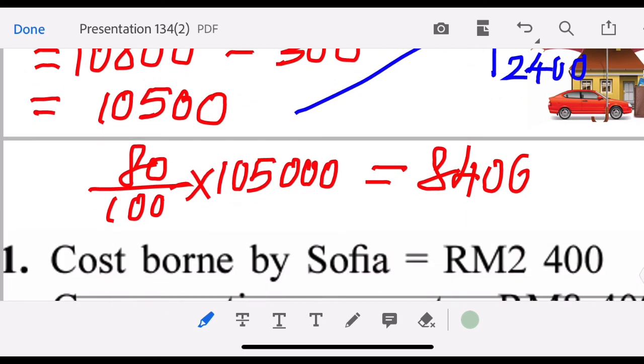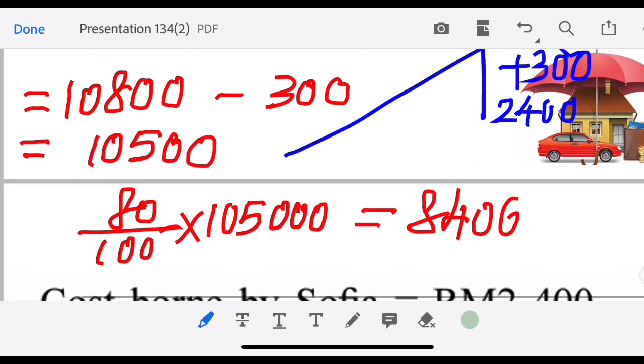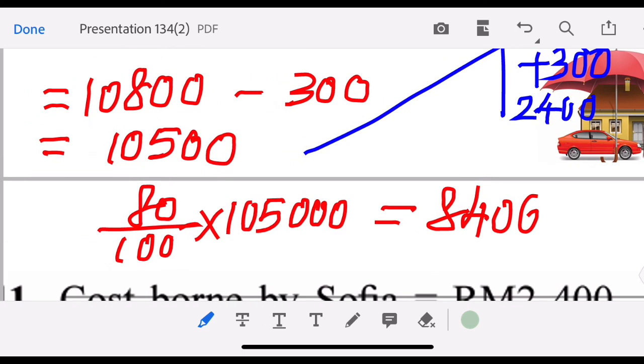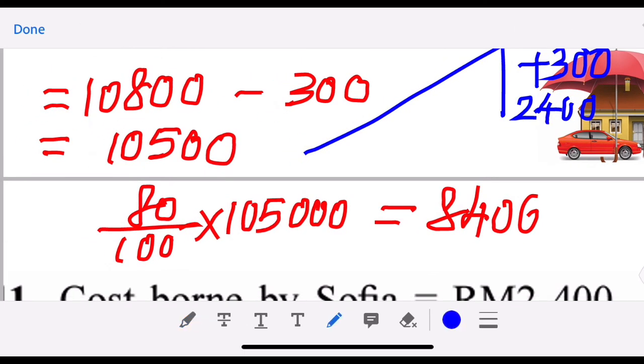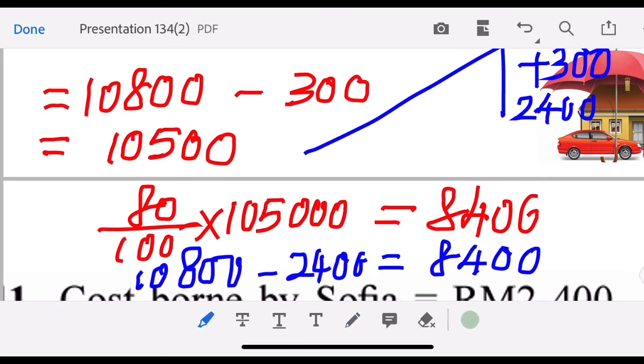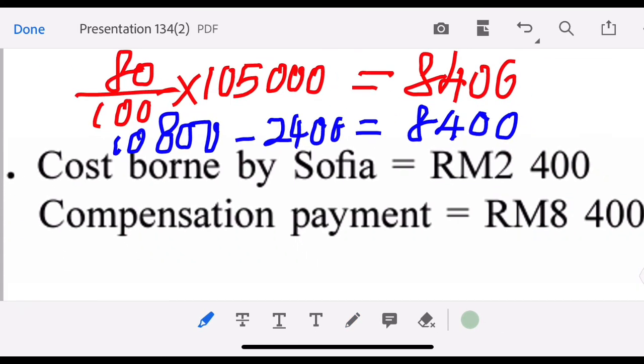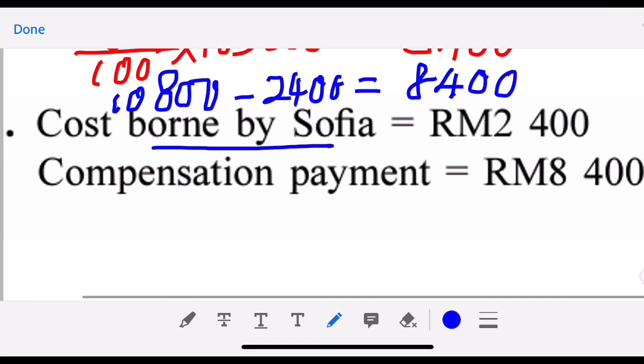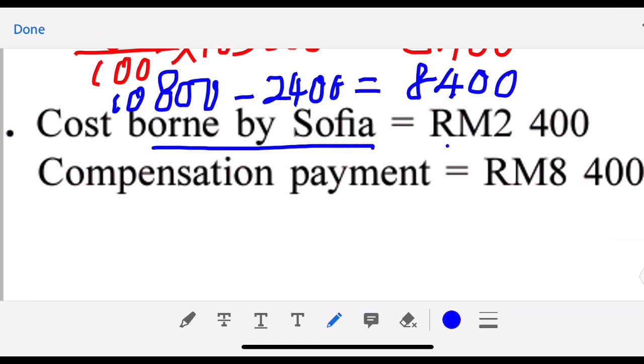So in this case, we will actually work out the amount that will be paid by Sophia. So in short, you can use 10,800 minus 2,400. It will give you the same answer, 8,400, right? So it's still the same. So the cost borne by Sophia is the deductible amount plus the co-insurance, which is 2,400.